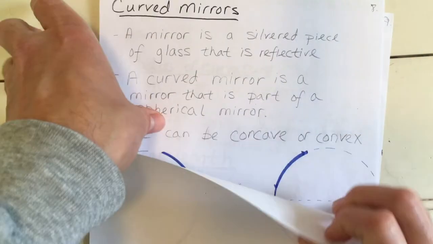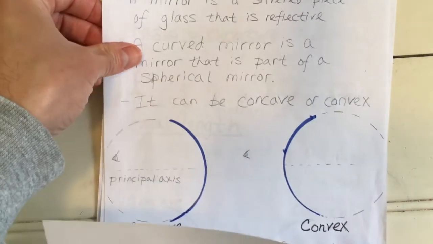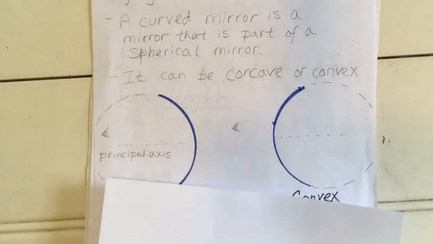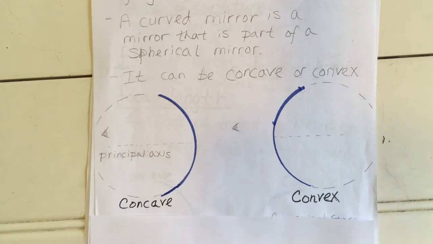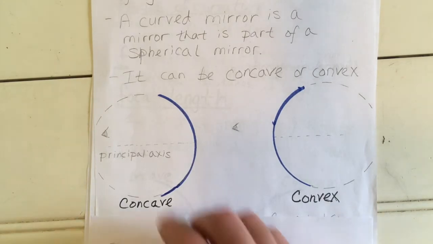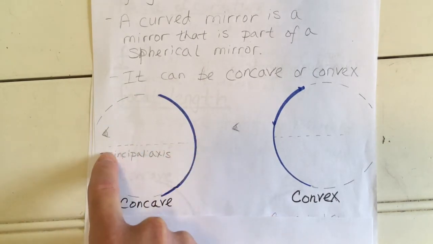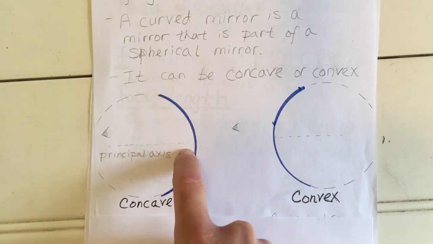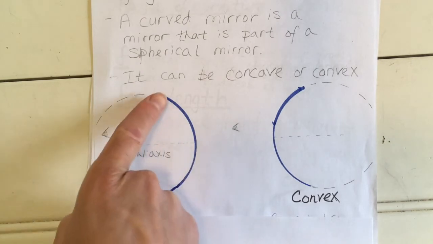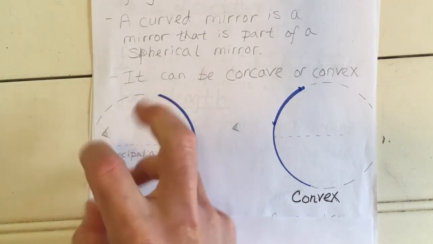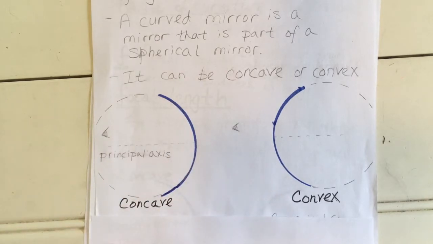So it can be concave or convex. And so what I've drawn here is an eye looking into a concave mirror, and I went ahead and labeled the principal axis right here. But you can see that I'm thinking about the mirror as being part of a sphere, right?